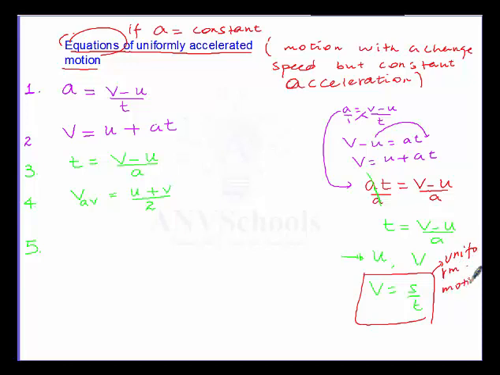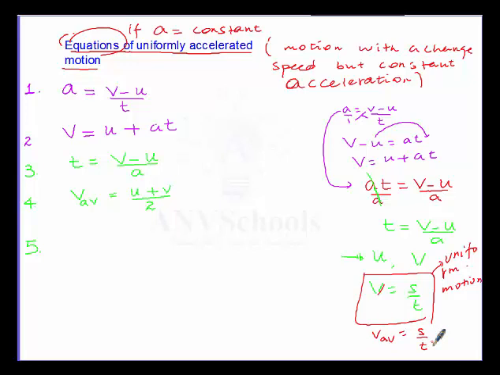What about if the motion is non-uniform? Here we use average velocity, because we have two velocities. For non-uniform motion, we use the formula average speed is equal to total distance divided by total time.